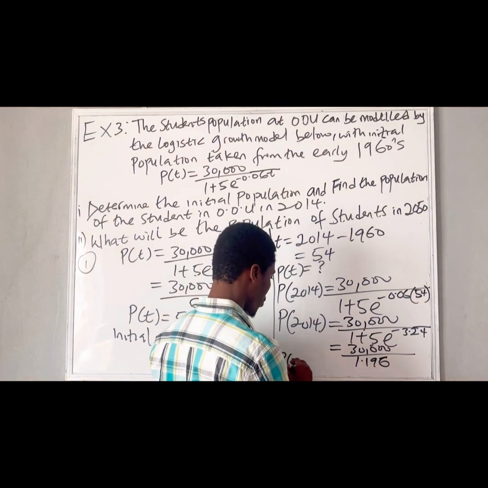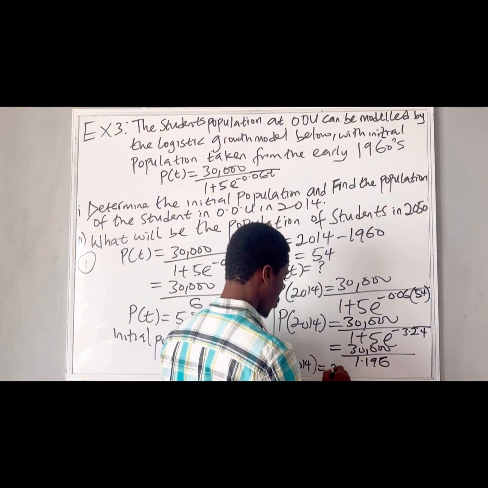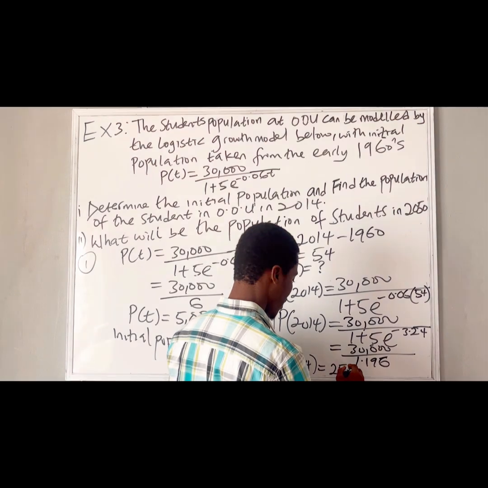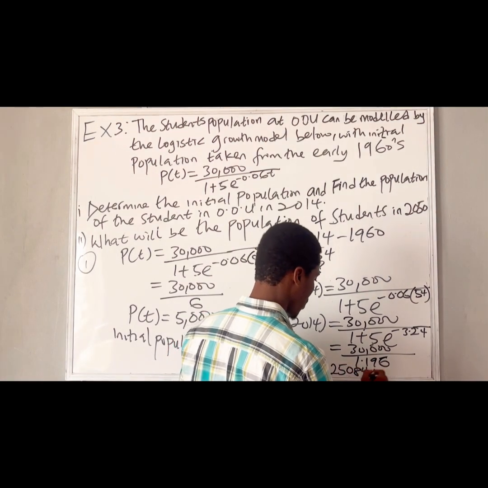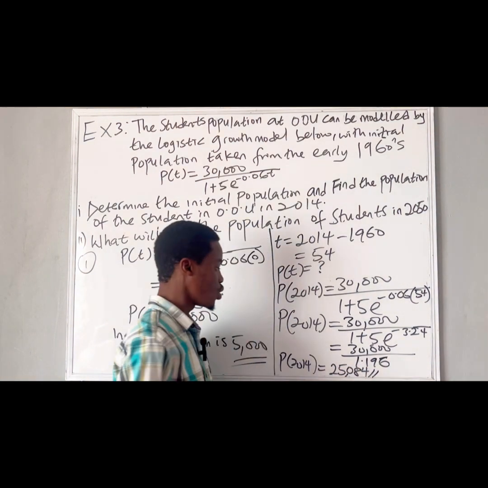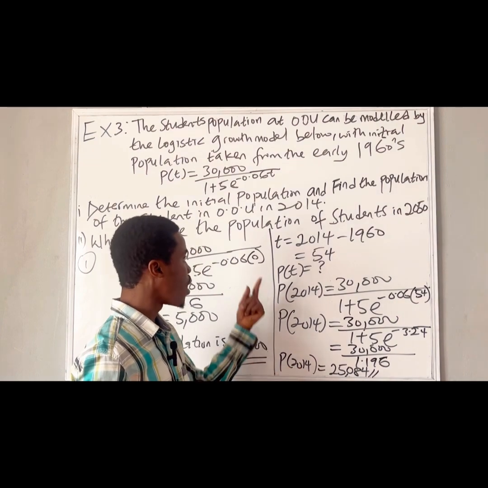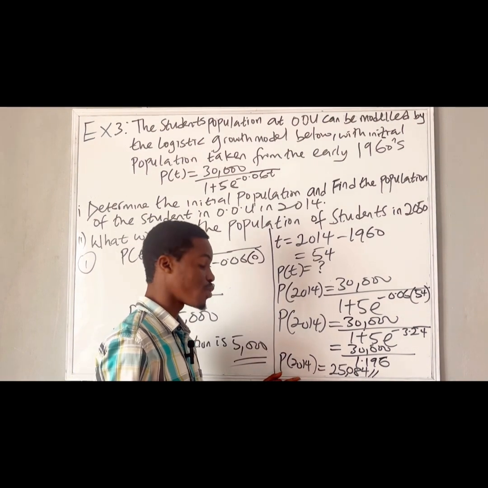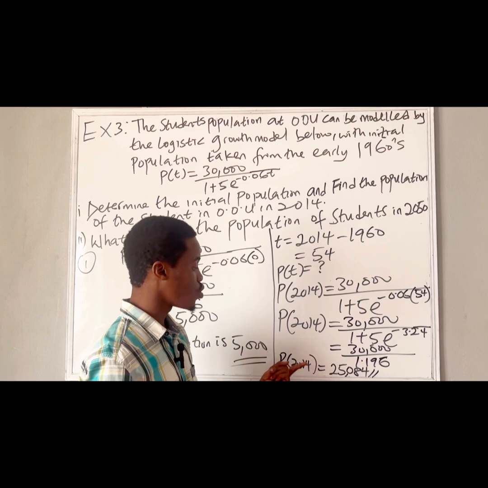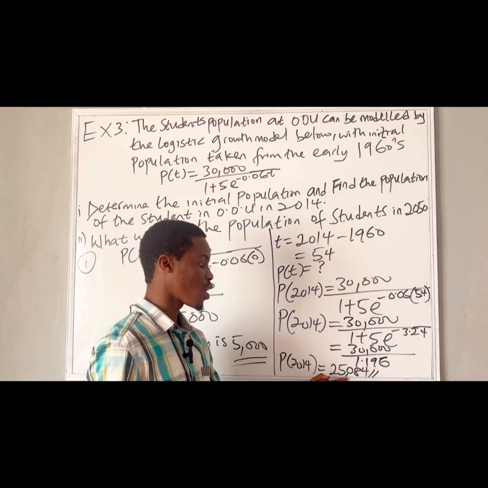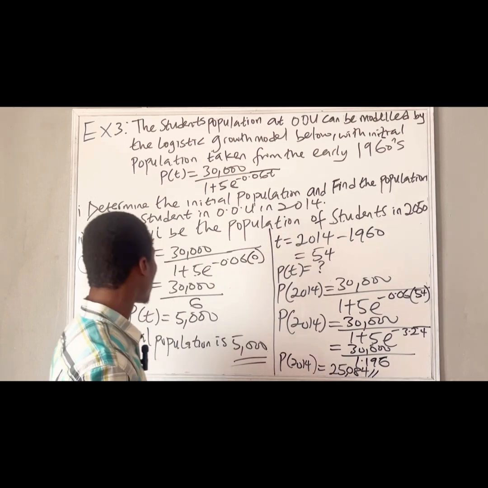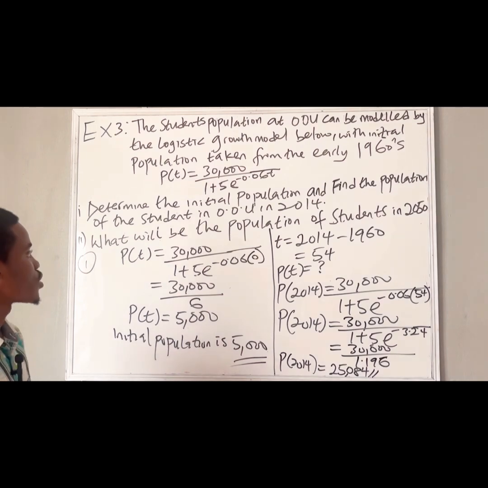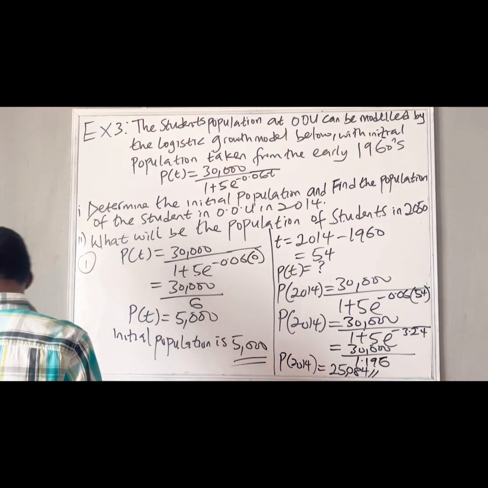So our P of 2014 is 25,084 is our population. So our population of the students in 2014, which students, the school of what? OOU, is 25,084. So this is the population in 2014 of OOU students.